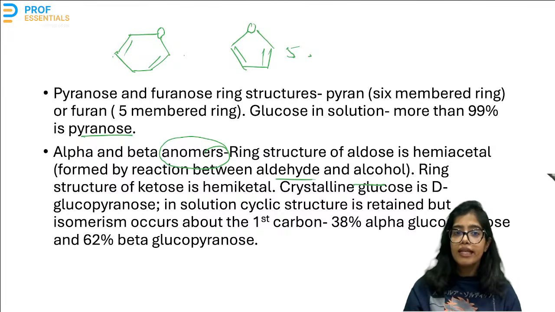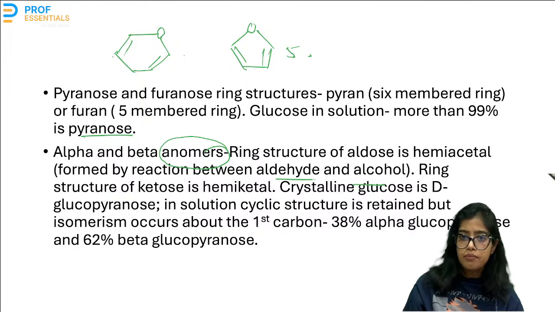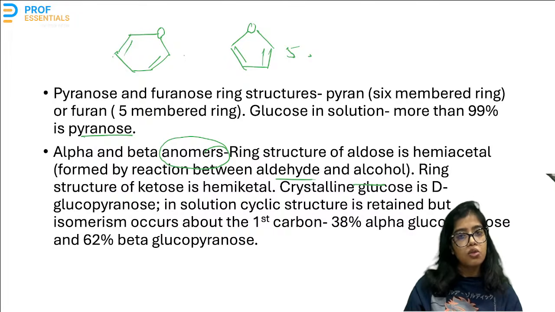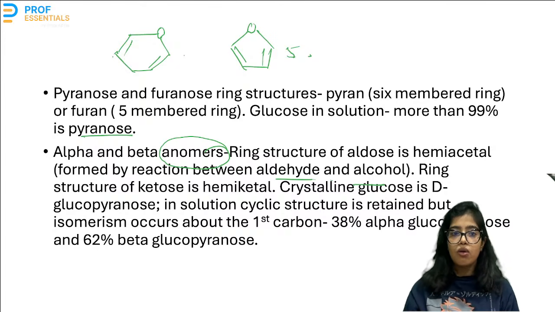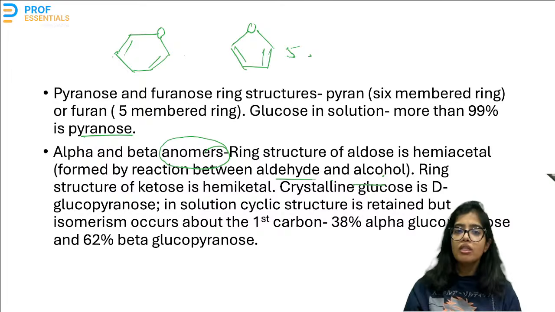So ring ketose is hemiketal and ring aldose is hemiacetal. What is hemiacetal? Reaction between aldehyde and alcohol. Reaction between ketone and alcohol is hemiketal.